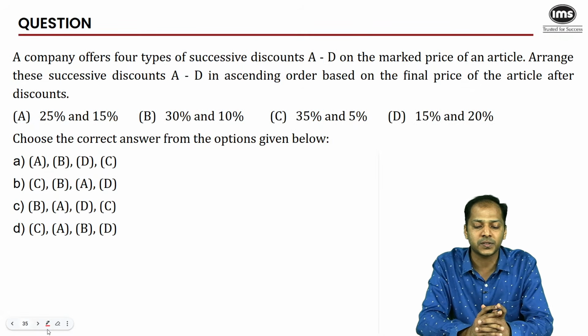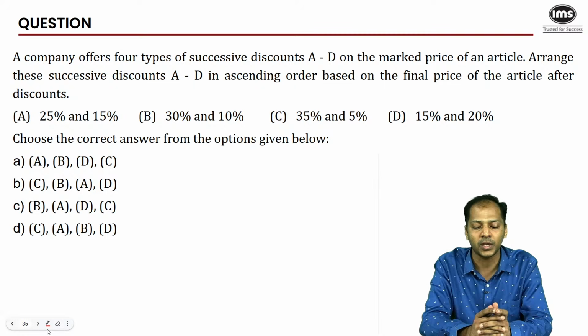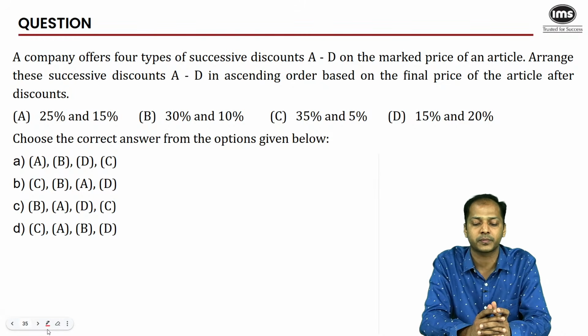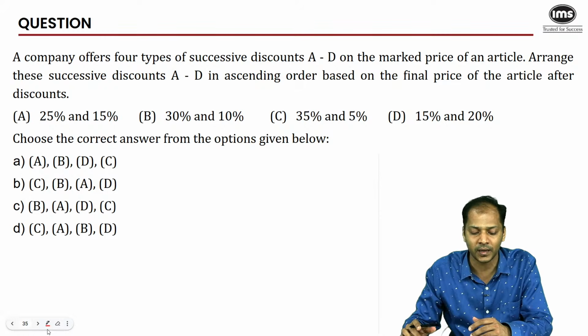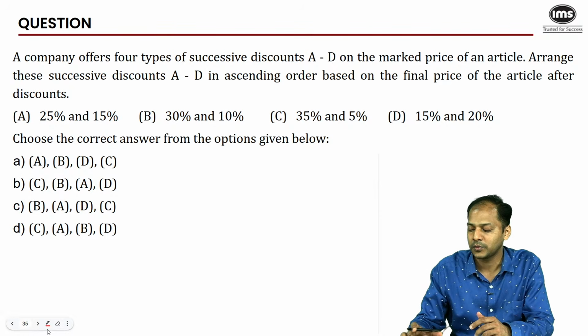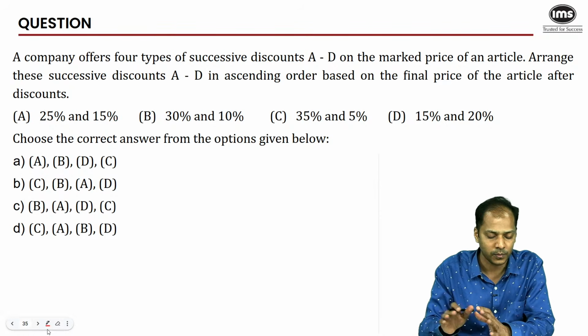The company offers 4 types of successive discounts on the marked price of an article. Arrange these successive discounts A to D in ascending order based on the final price of the article after discounts. Okay, so this one could be a little tricky in understanding or interpreting. So I am giving you 1 minute full.